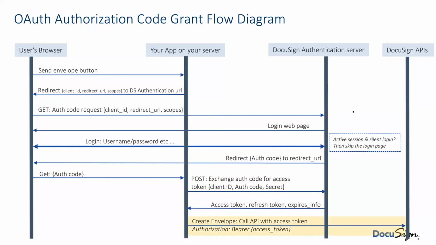The way you include it, I'm showing in italics, is there's a special header called authorization. That's the name of the header, and the value of the header will be the word bearer, and then a space, and then the actual access token that you've received. And if you have questions about this, we can go over it more in the question and answer.